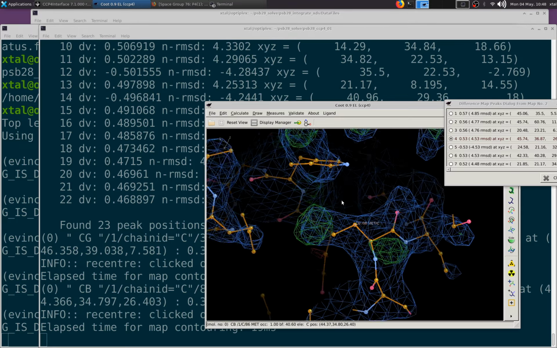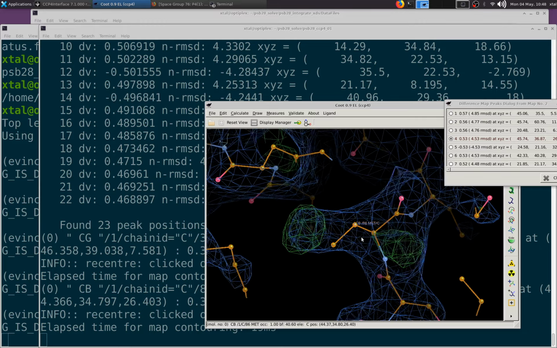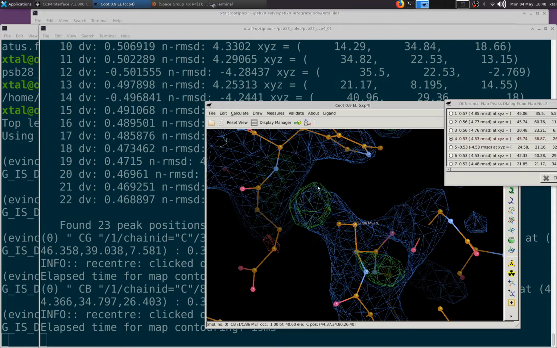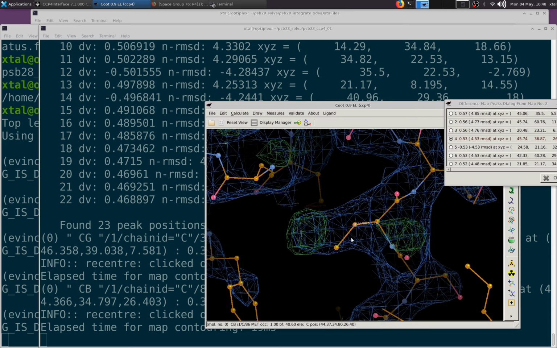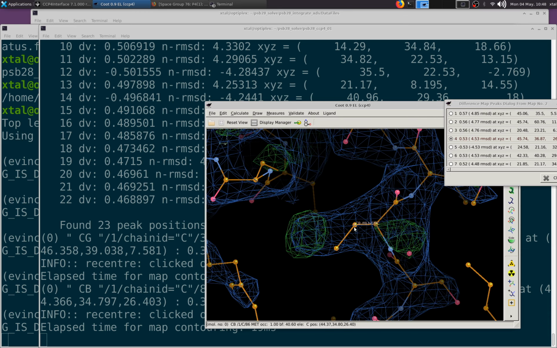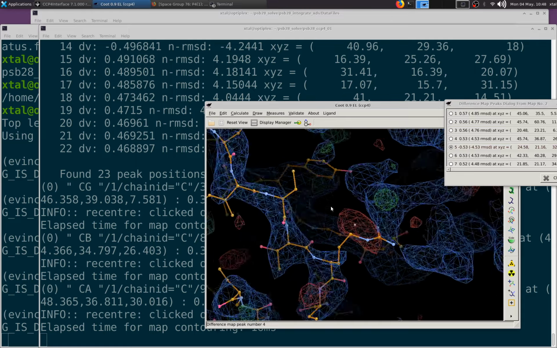This means this residue is incomplete, so this methionine is incomplete and there's a big blob of green density where the rest of the side chain should be. So this map is telling me things that I know are present that are not present in the model. So this is definitely a correct molecular replacement solution.